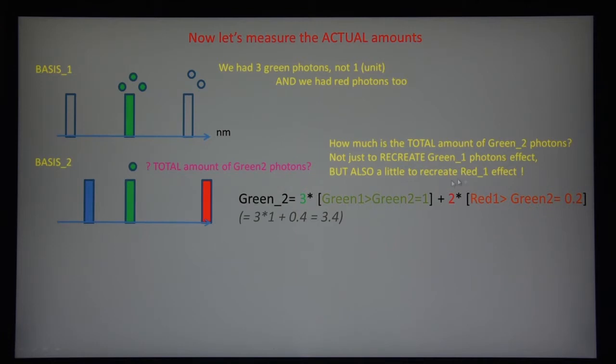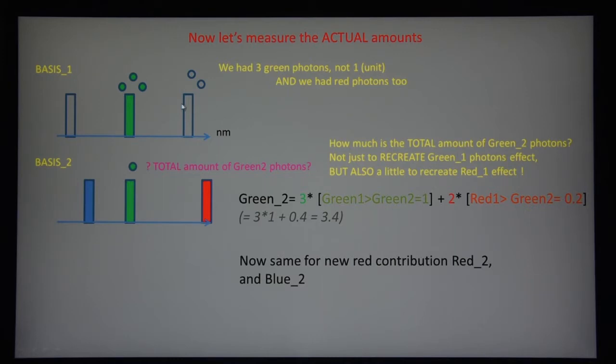And these things you can measure once, and these things are the amounts for each different color that Mr. Guild tells you. So it's simple, it's additive, so it's 3 times the photon here, green to green, and 2 times red to green, and you add them up and you end up with 3.4.